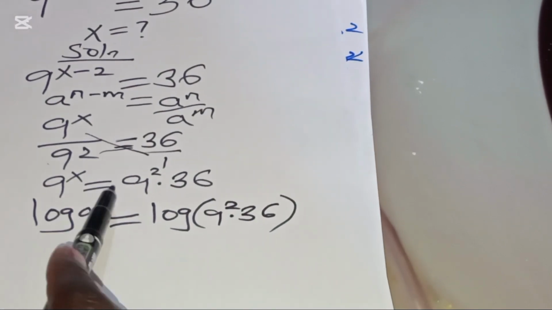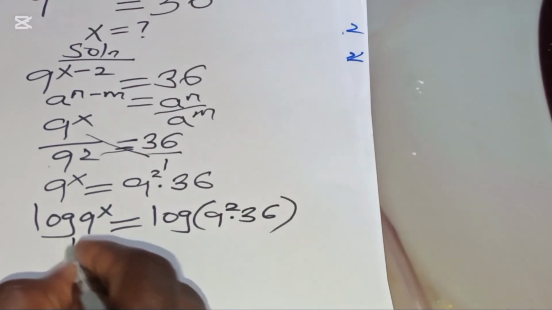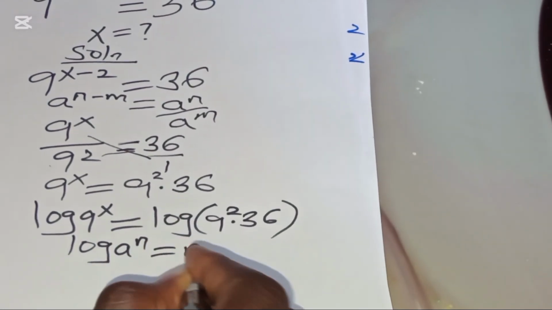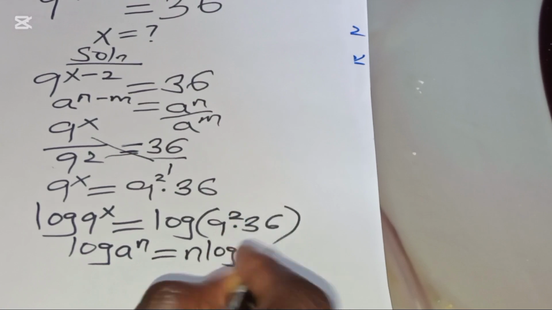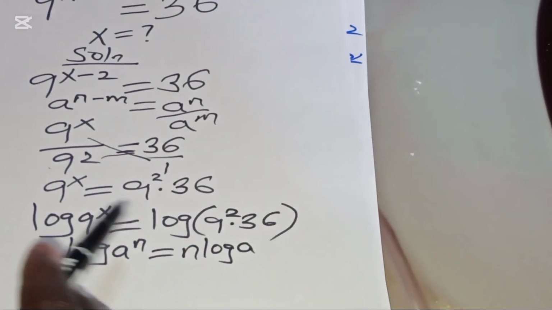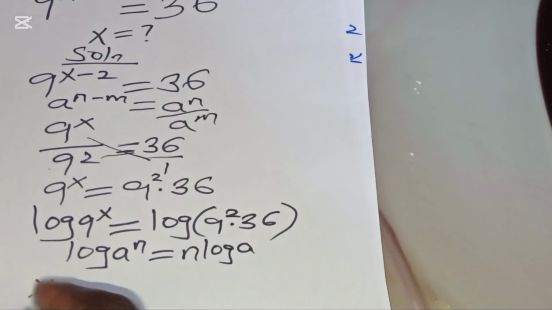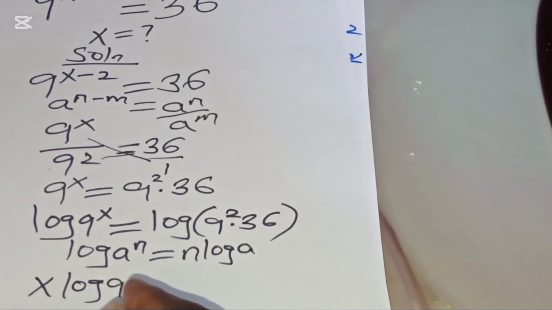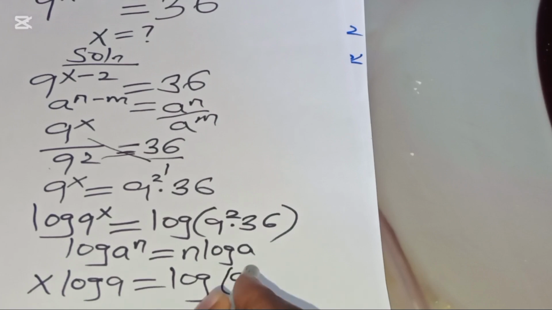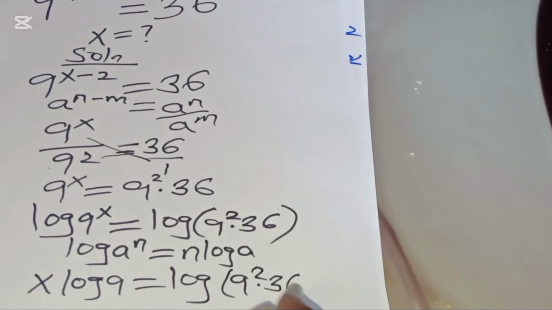Now, log 9 to power x, actually this is in the form of log a to power n, which you can express as n log a. Okay, so applying this power rule property, log 9 to power x becomes x log 9. This is equal to log 9 to power 2 multiplied by 36.